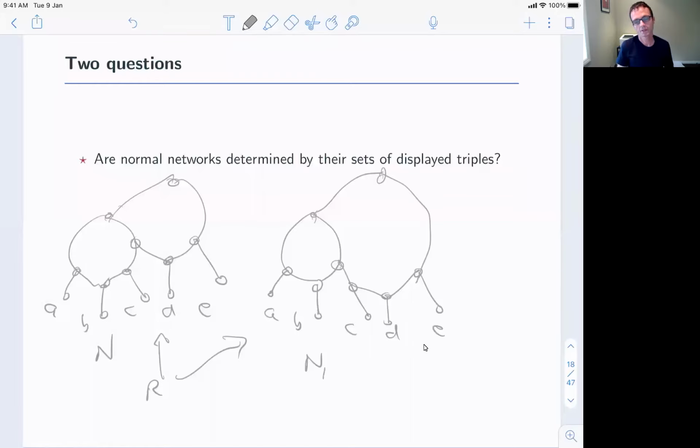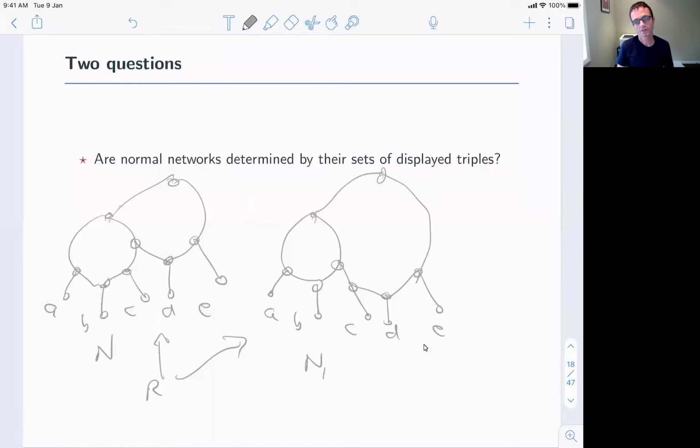They display the same set of triples. There's only two they each display, despite the complication of the right-hand one. It only displays two rooted triples. But that's got no quads, because I only have three leaves.